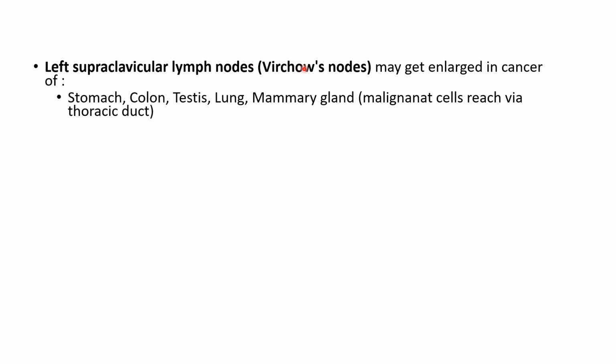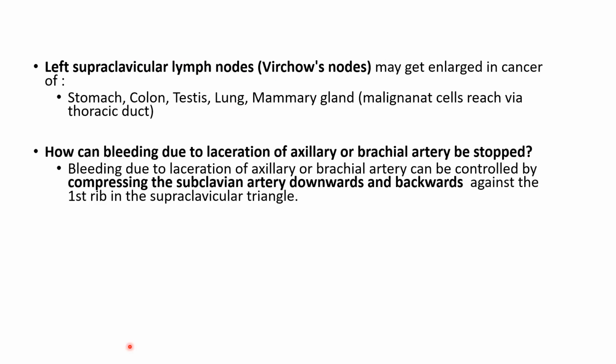Why do they get enlarged? Because malignant cells reach via the thoracic duct. Remember, the thoracic duct drains on the left side at the junction of the left internal jugular vein and the left subclavian vein. These lymph nodes also form a tributary and drain into the thoracic duct. So the malignant cells can reach the supraclavicular lymph nodes and get enlarged.